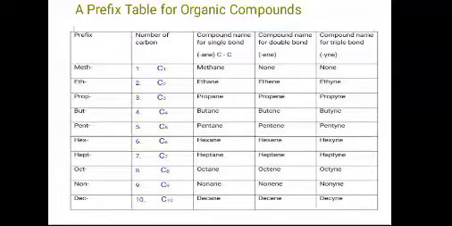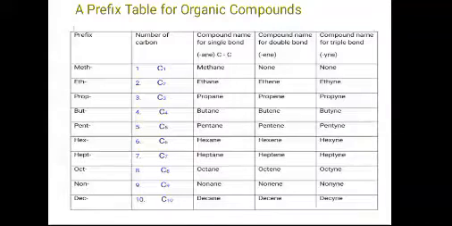The essence of this table is for us to know the parent name. For instance, when we have a compound that contains 6 carbons, remember we are told that the number of carbon determines the parent name of that compound. So having seen a compound with 6 carbons, we should automatically know that the parent name should be hex. We start with hex.